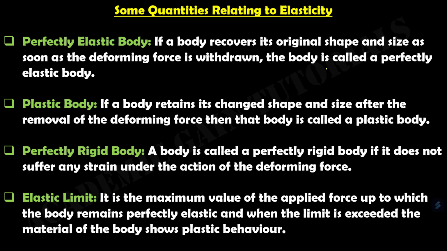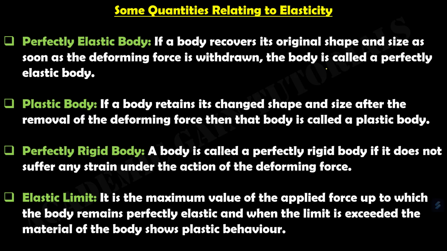What is a perfectly plastic body? If a body retains its changed shape and size after the removal of the deforming force, then that body is called plastic. That means when we apply force on a body and the body does not regain its original shape and size, but retains the changed shape and size, then this kind of body is known as a plastic body.